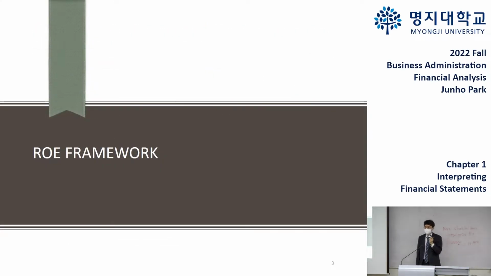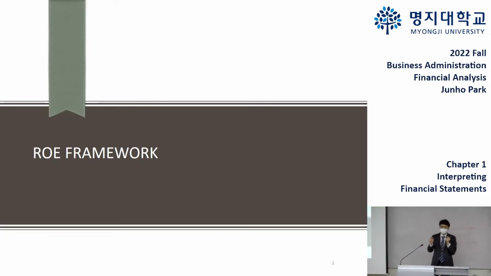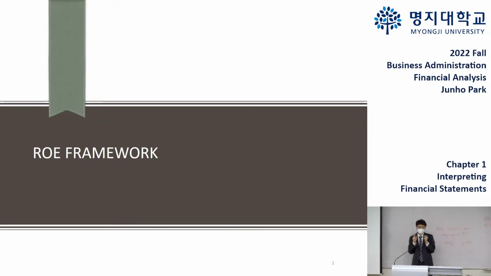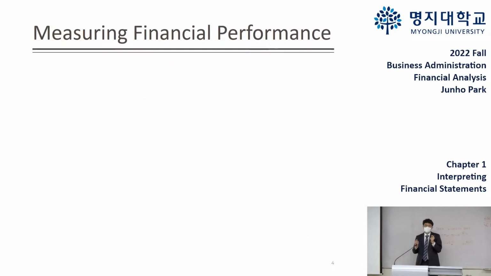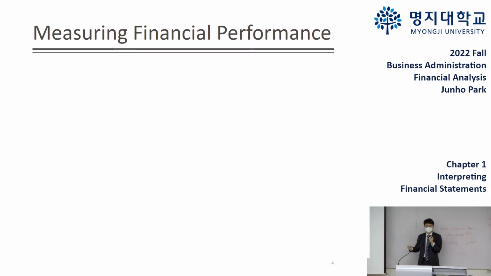Okay, and I'd like to emphasize that there is no official definition for each financial ratio we are going to learn. Financial ratios are used because they are practical, but not because they are written in the law, right? Or in the textbook. So other people can have other definitions for the financial ratios.